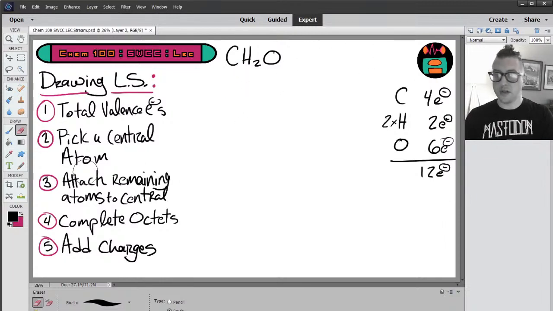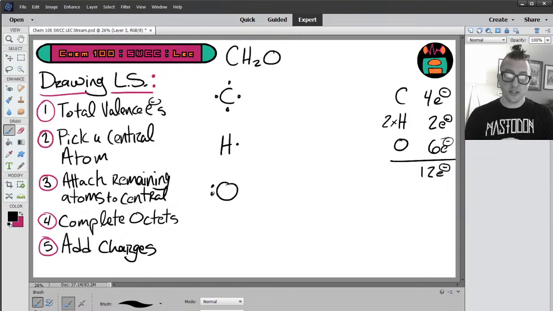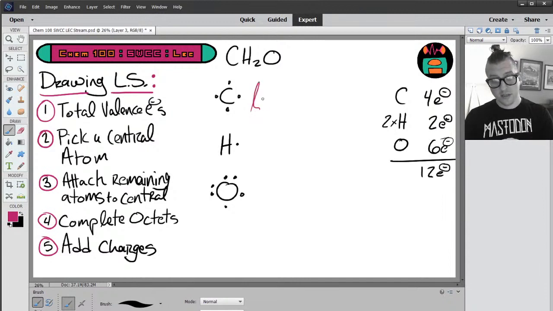So the Lewis dot structure for carbon has 4 unpaired electrons. The Lewis dot structure for hydrogen has 1 unpaired electron. And the Lewis dot structure for oxygen has 2 unpaired electrons.